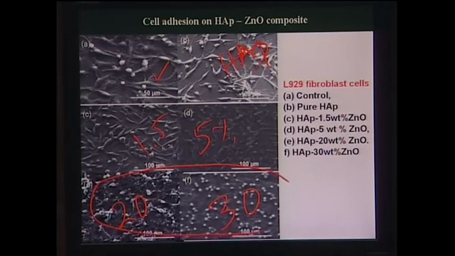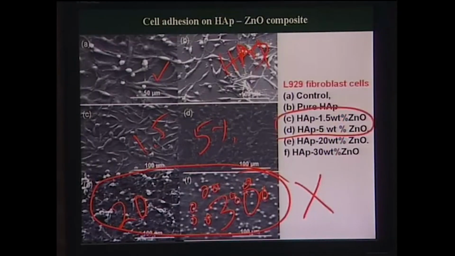Both 20 and 30 you cannot use for any applications which require good cytocompatibility, because what you see here is that the cells are much more spherical in shape, which essentially indicates that the cells are apoptotic, or all the cells have died in contact with a higher amount of zinc oxide. However, at a lower amount of zinc oxide, up to 5% zinc oxide, we do see cell proliferation and cell fate processes which are comparable with the control or with the pure hydroxyapatite material.